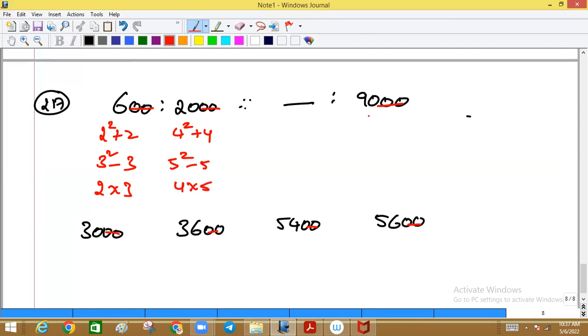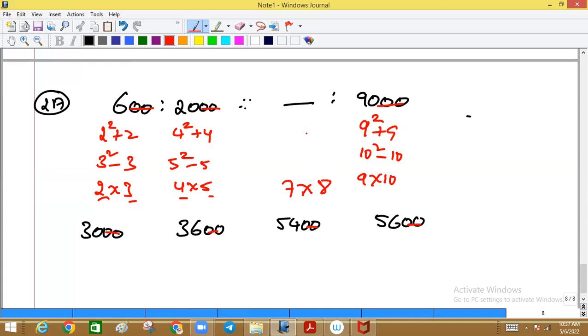Similarly, come to 90. How can I write 90? In terms of n square plus n, 9 square plus 9. In terms of n square minus n, I can write 10 square minus 10. In terms of n into n plus 1, I can write 9 into 10. So obviously, what is the answer now? 2 into 3, 4 into 5, 9 into 10 means your answer in the series is 7 into 8.